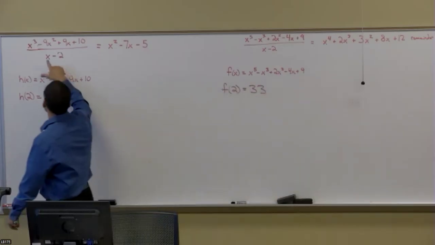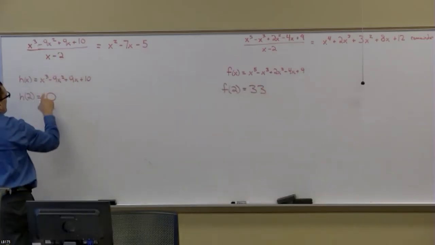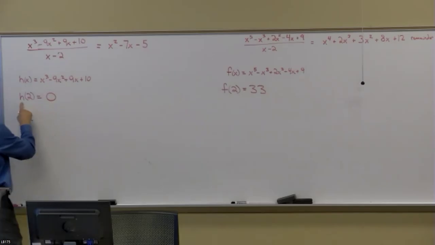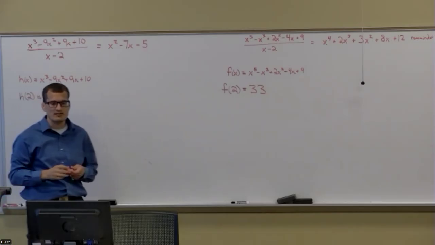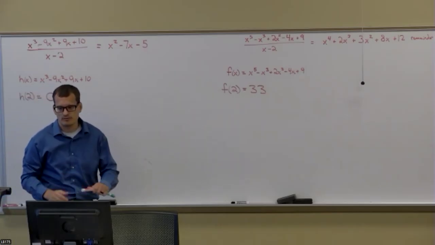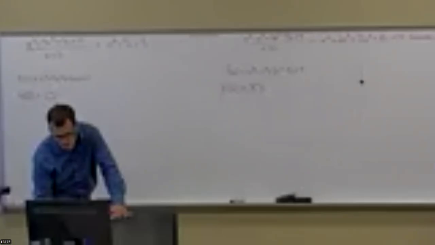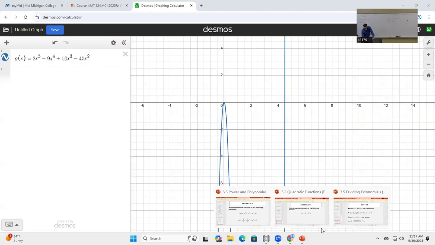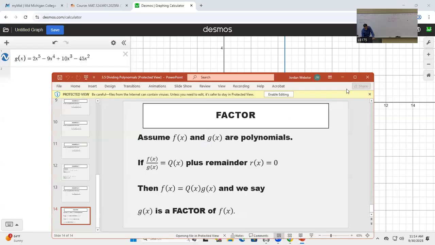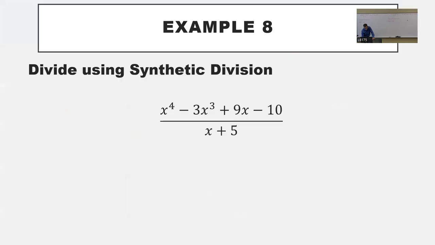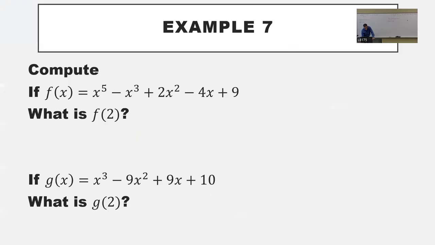Okay, I divided by x minus 2 here. I got a remainder of 0. That's the same thing as what I get when I plug in a 2.